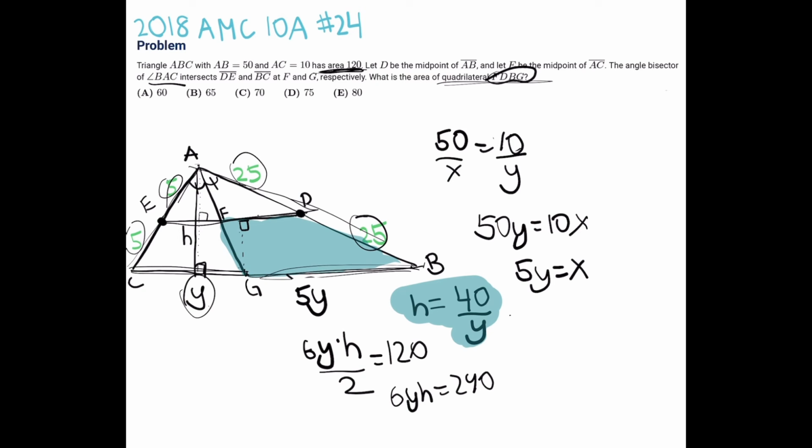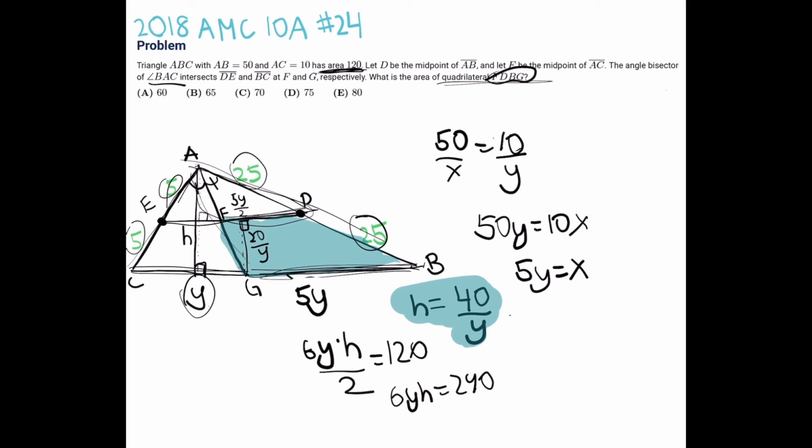Because the height of this quadrilateral is h over 2, then we know that the height of this is 20 over y. We know that this length equals 5y. We can calculate FD given this. It's just 5y over 2 because, as I said before, these two triangles are similar.